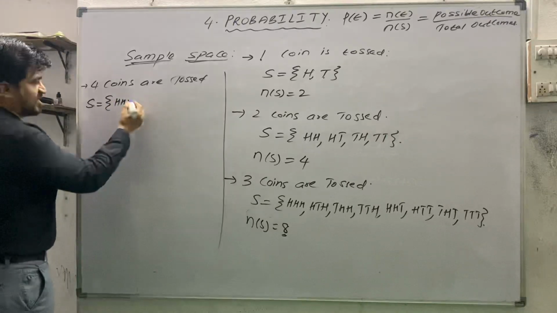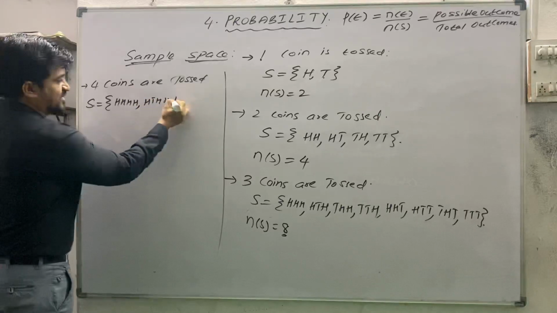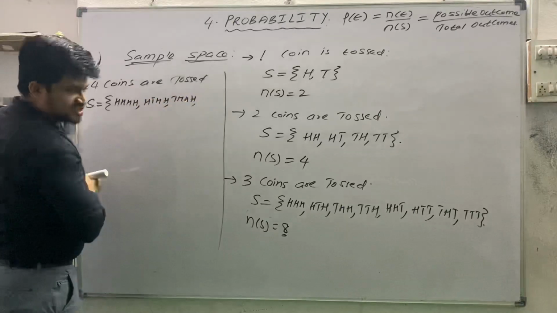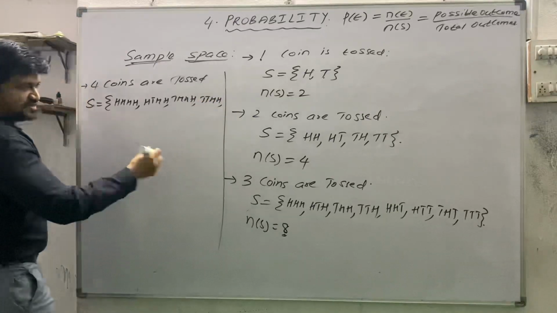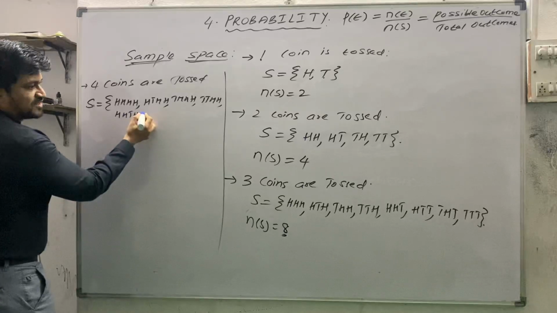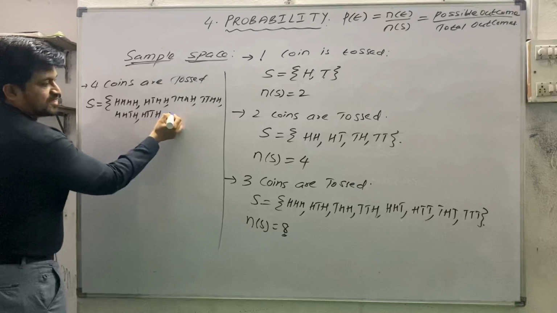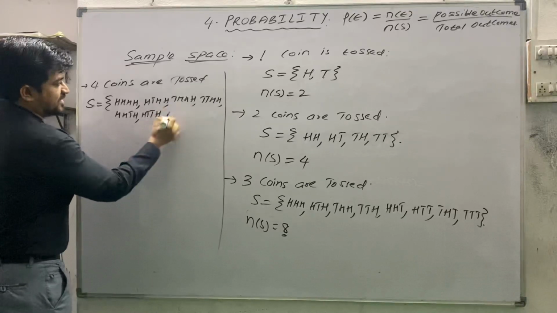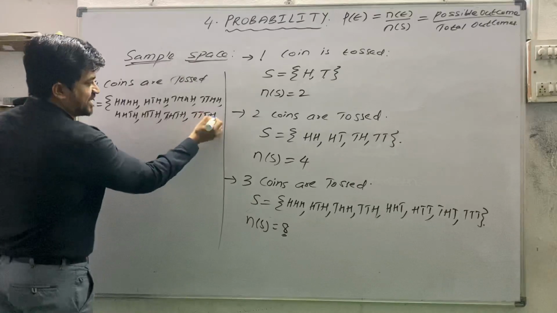HH is there, I am adding H. HTH is there, I have added H to it. THH, I have added H. TTH, I have added H to it. Then HHT, added H. HTT, again added H. THT, H is added. TTT, H is added.